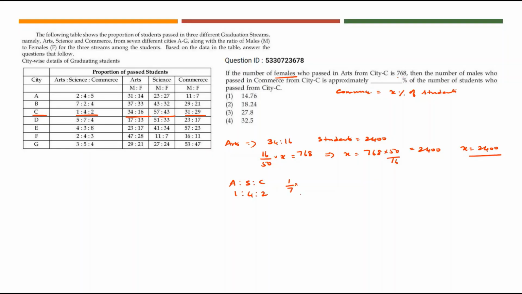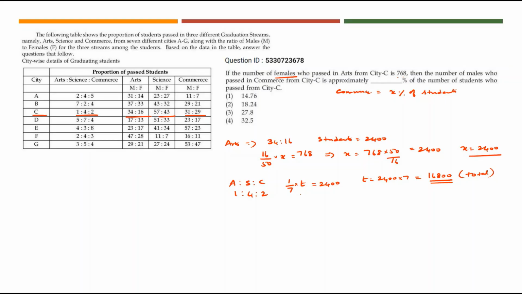We will take the total to be T here. 1 by 7 into T is equal to 2400. From here we can say T is equal to 2400 into 7, which will give a value of 16,800. So there are 16,800 students in total. So this is the total count.